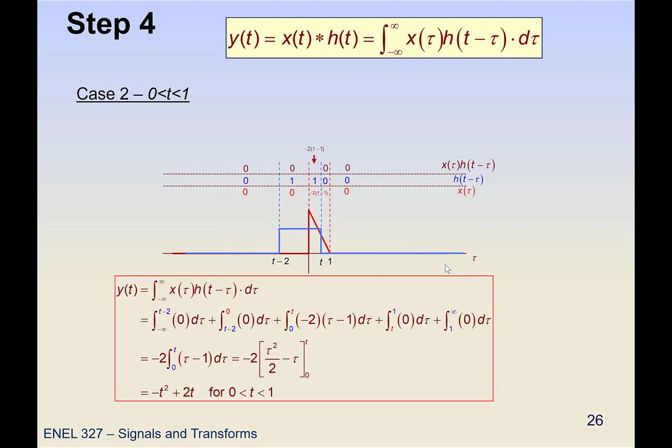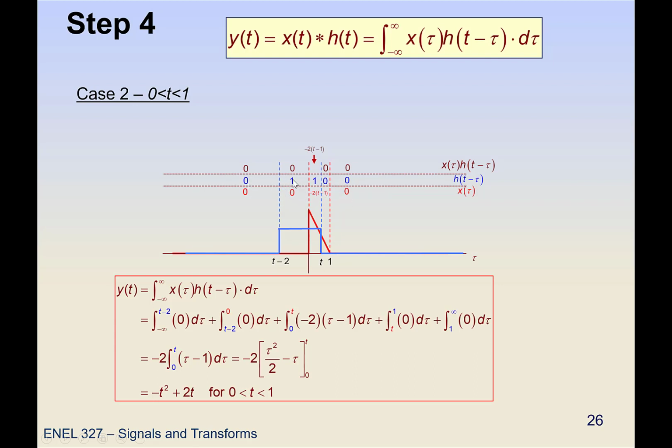Okay, so now this is where I've shifted this blue curve to the right, and now this blue line has actually crossed over here. So I still have 5 different regions, 1, 2, 3, 4, 5, and I'm going to do the same thing. I'm going to write down the values of x. Note they haven't changed.